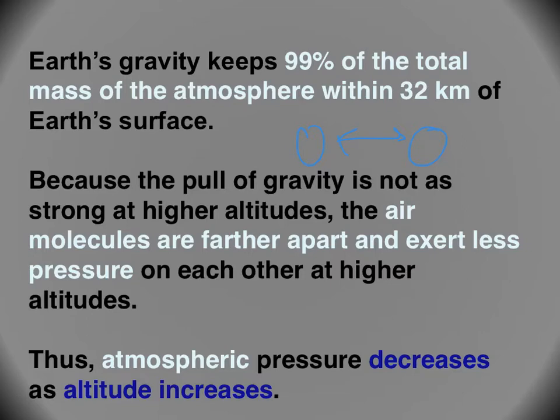If we're here on Earth, and here's the atmosphere, the higher you go, the farther you get from the Earth, so the force of gravity is a little bit weaker. Air molecules are farther apart and exert less pressure on each other at higher altitudes. Thus, atmospheric pressure decreases as altitude increases.